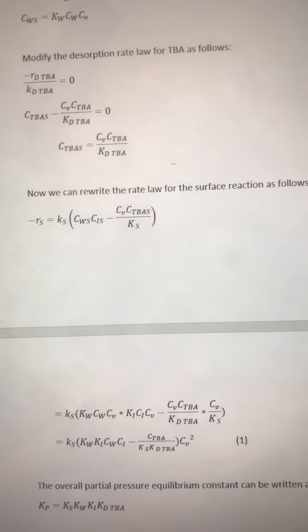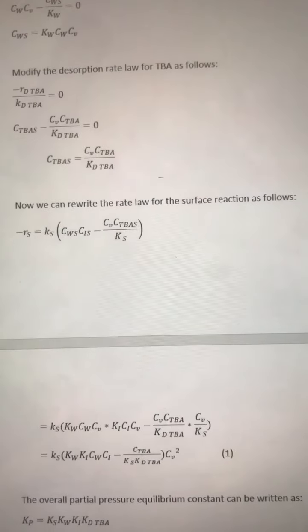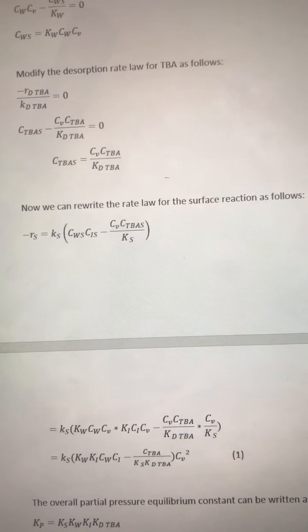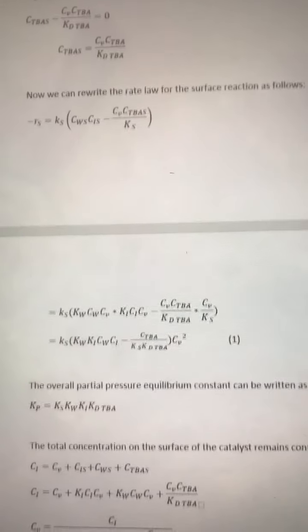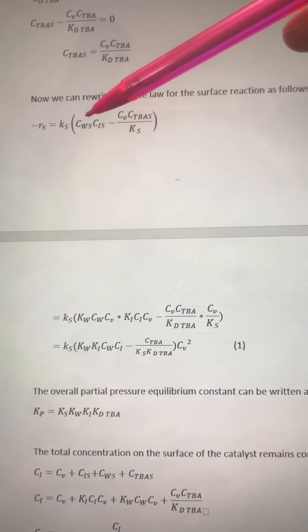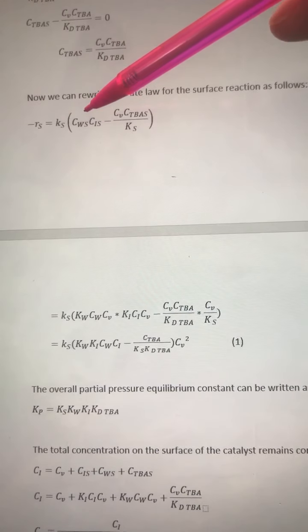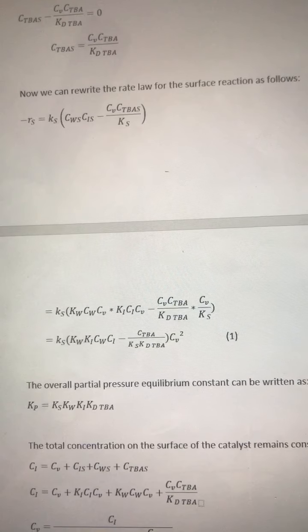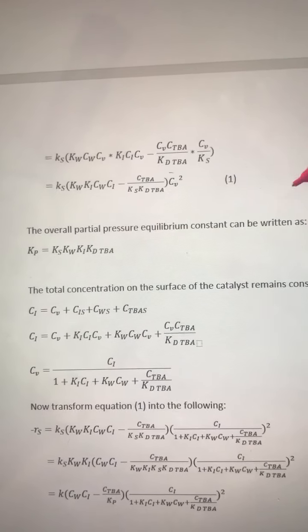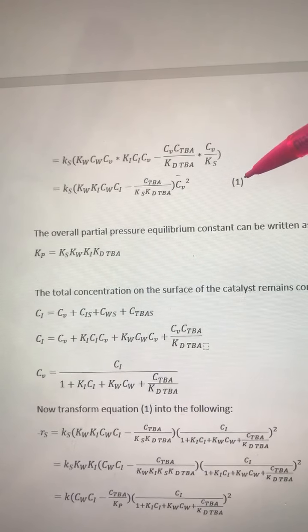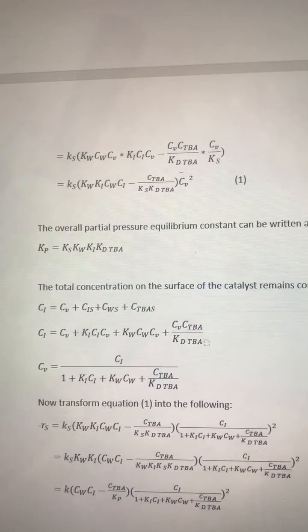Alright, now we can rewrite the rate law for the surface reaction. This we wrote above, and we are going to plug in values for the concentration of different chemicals in the sites, and then simplifying that yields this, which we're going to call our equation 1.